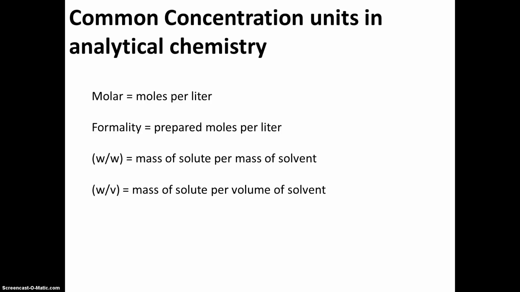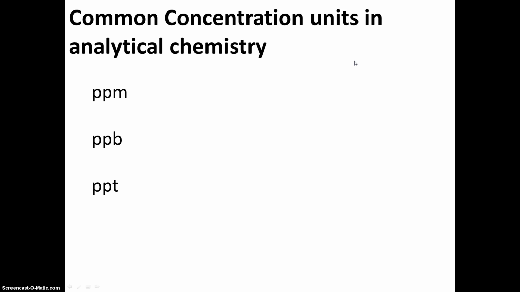All right, so a couple of units I wanted to talk about were ppm, ppb, and ppt. And as you might have seen before, ppm, if you're unfamiliar with it, is parts per million, right?